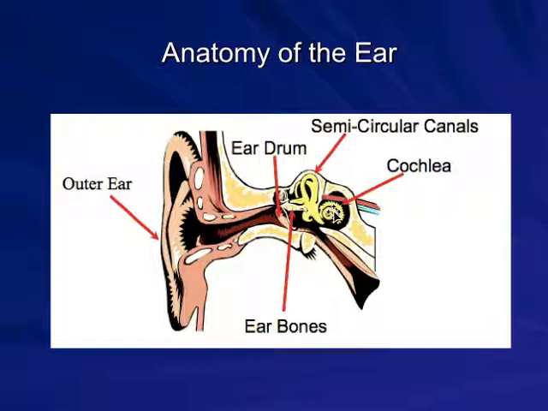Those hairs are connected to nerves, the cochlear nerve, and as they vibrate, they activate the nerve and carry that sound information to your brain. These are very tiny bones and very sensitive tiny cells and hairs, cilia, that are within the cochlea.